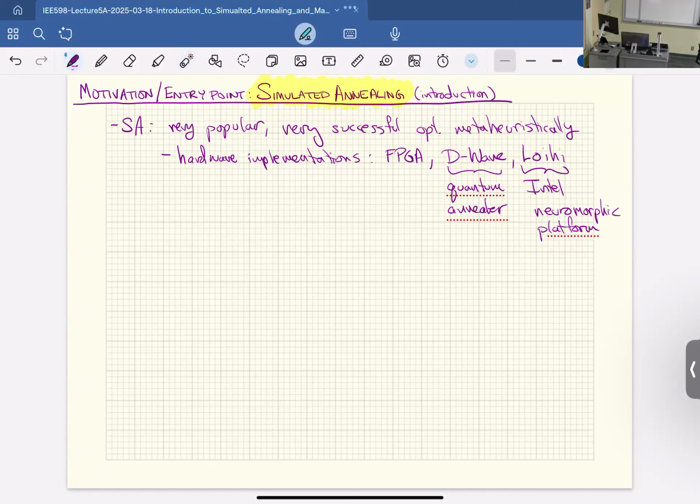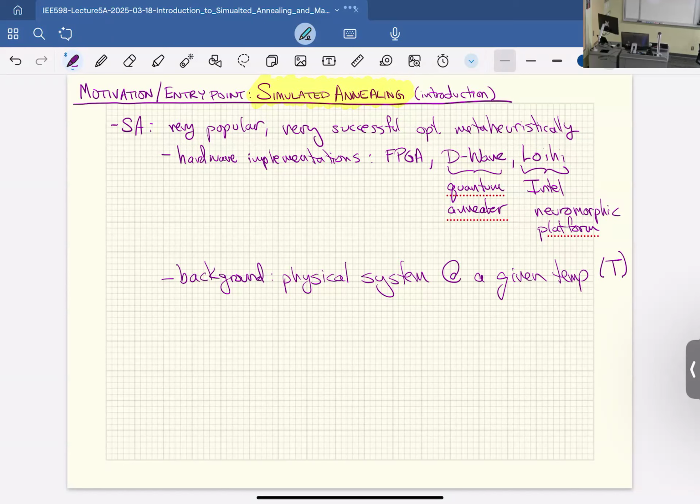Toward that end, if we have a real physical system, so this is just background: a physical system at a given temperature, and I'll call that temperature uppercase T, that could be this chair.